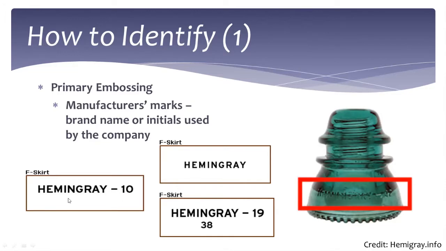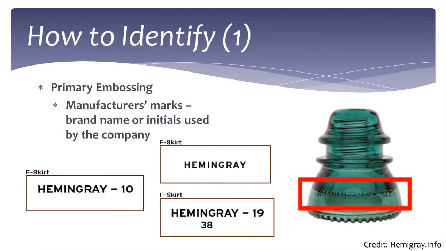So you can have different types of embossing. You could have Hemingway 10, which would be a style or mold number specific to that insulator. You could just have, say, Hemingway 19, so once again the company name, 19 being the style or mold number, and 38, which would correspond to the year in which it was produced.